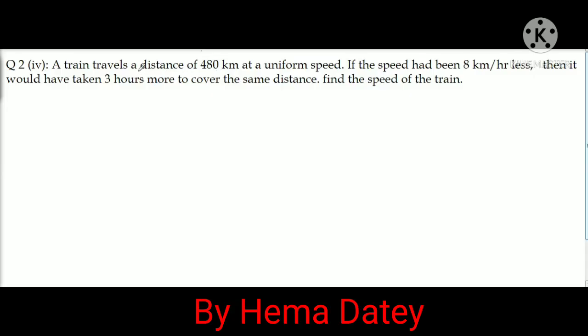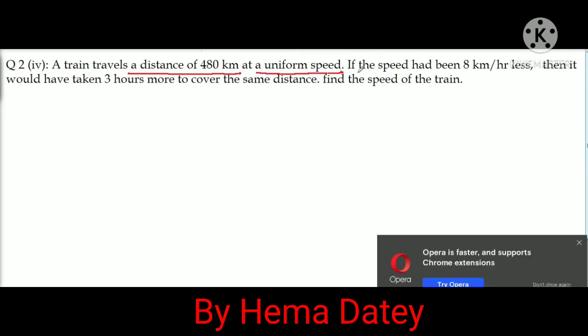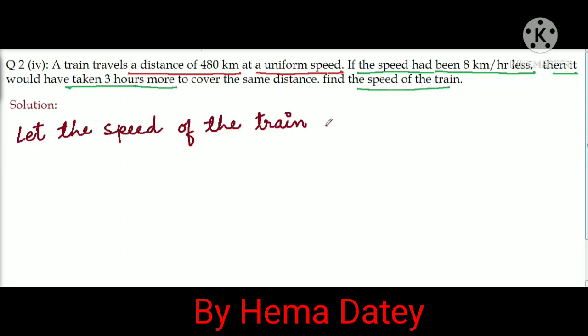A train travels a distance of 480 km at a uniform speed. If the speed had been 8 km per hour less, then it would have taken 3 hours more to cover the same distance. Find the speed of the train. Let the speed of the train be x km per hour.